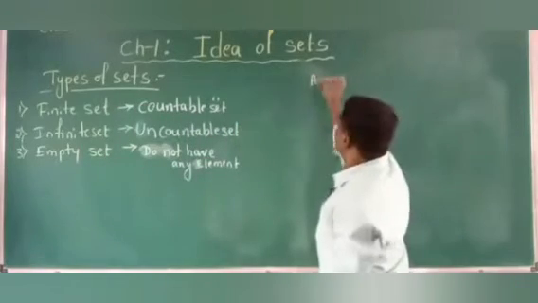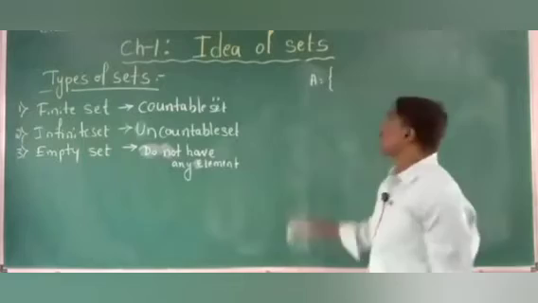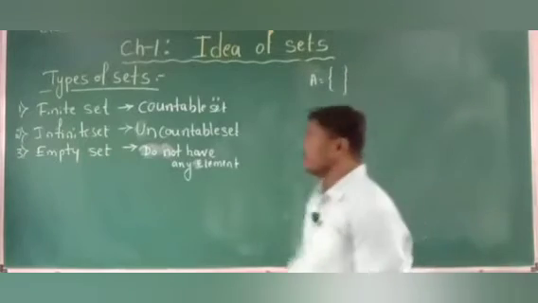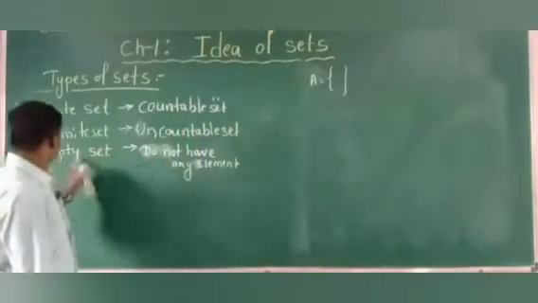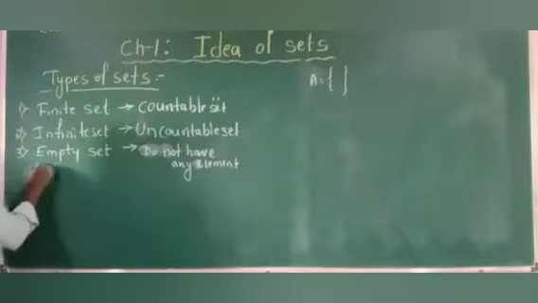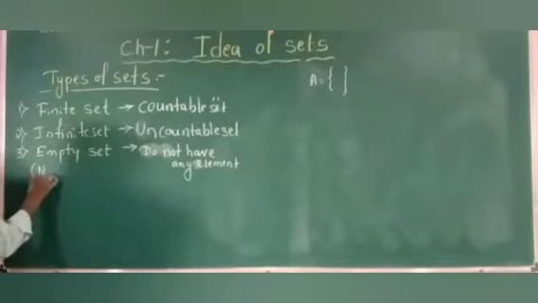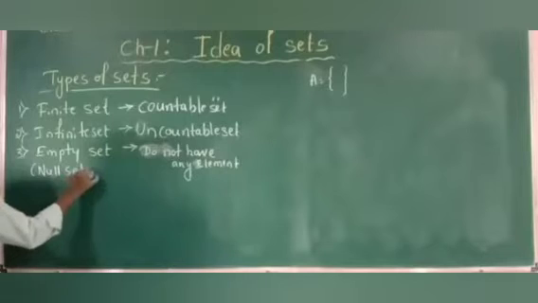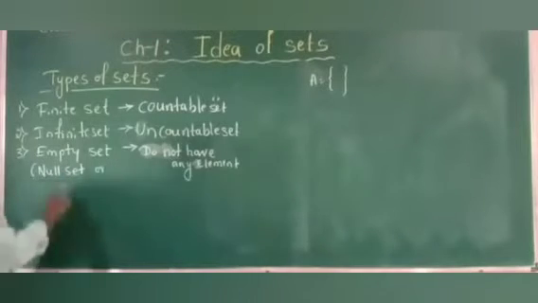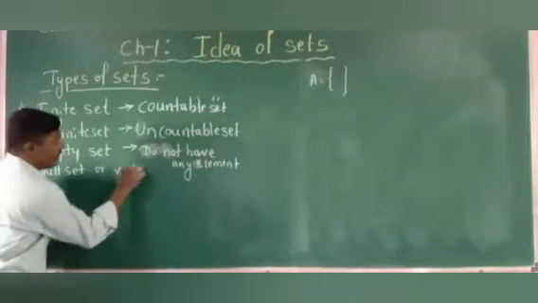If I am taking here A as a set, the empty set is also called a null set, or we have one more name for the empty set, that is void set.